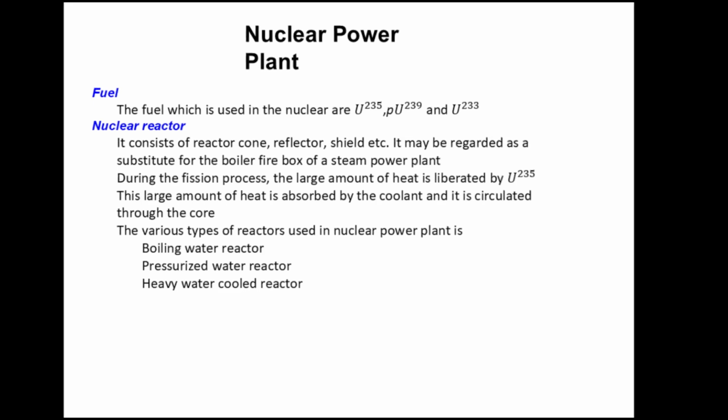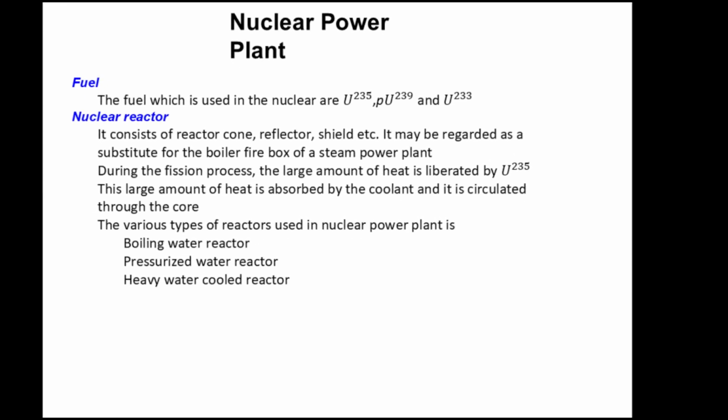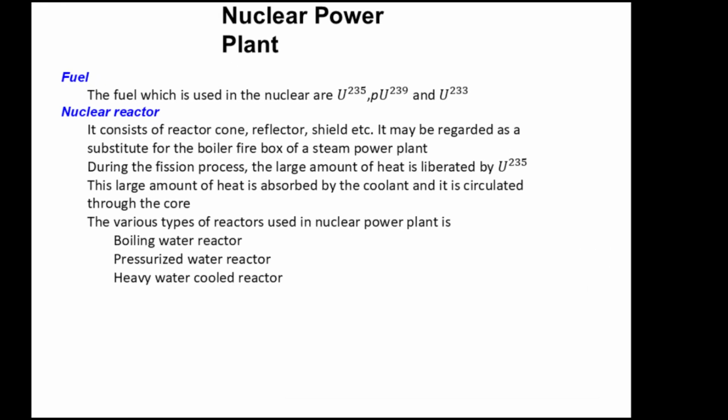Nuclear power plant. Fuel. The fuels used in nuclear plants are uranium 235, uranium 239 and uranium 233. Nuclear reactor. It consists of a reactor core, reflector, shield, etc. It may be regarded as a substitute for the boiler firebox of a steam power plant. During the fission process, a large amount of heat is liberated by uranium 235.